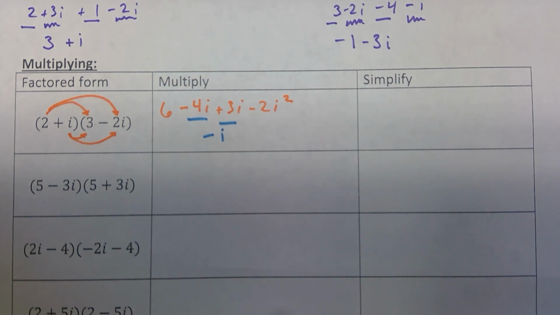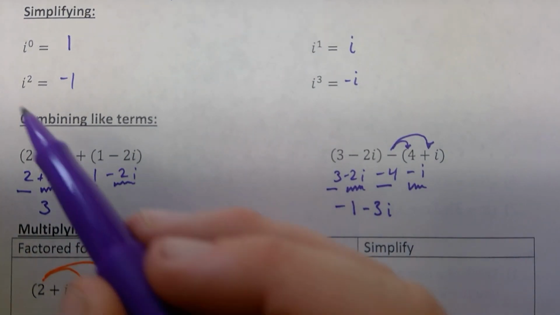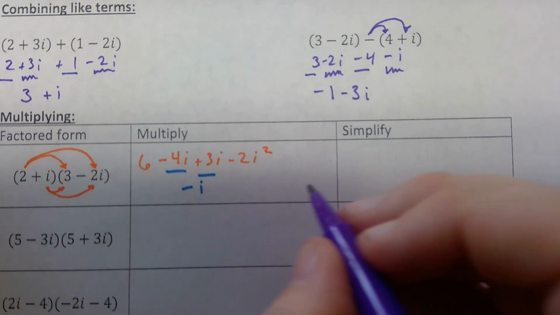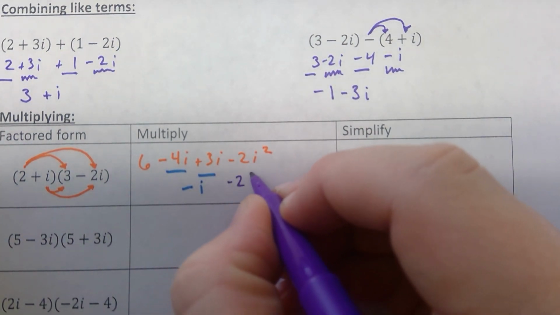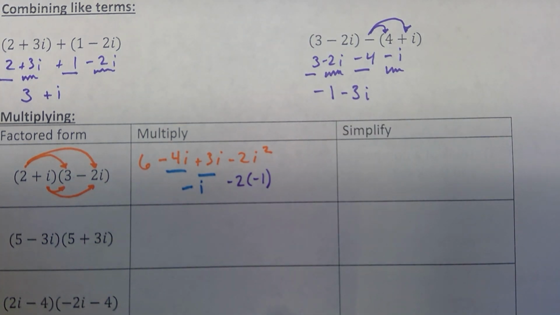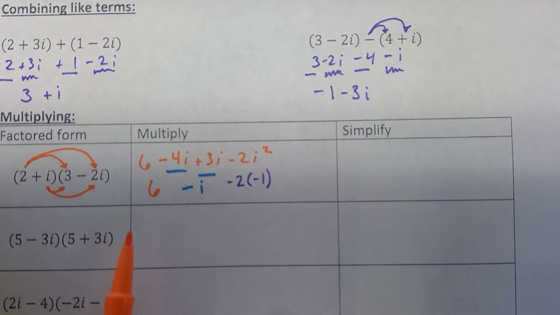But then we also have this i squared. We know that i squared equals -1. So what I need to do here is take my -2 times -1. My 6 out here is going to stay, and so I've got 6 minus i minus 2 times -1.